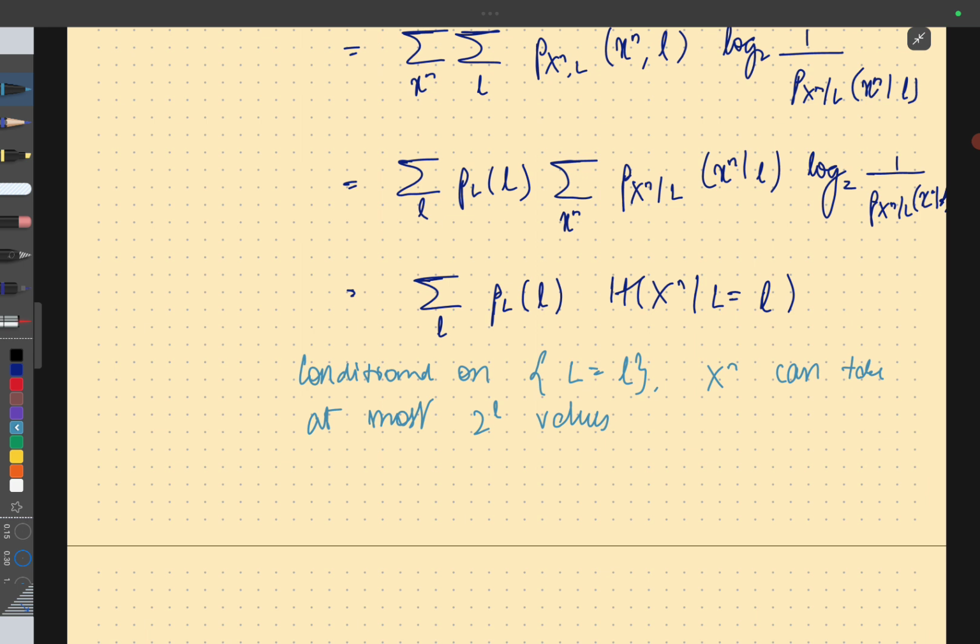It is at most the log of the cardinality of the conditional alphabet, which is log of 2 to the L, which is just L, right? Is this okay? I'm using a bunch of properties that we've seen before.